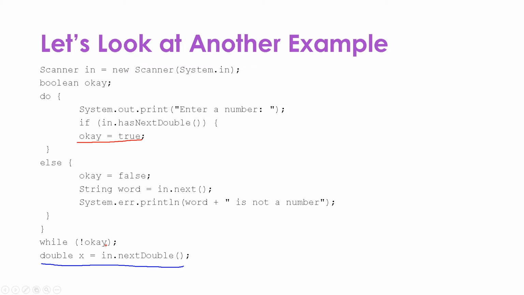If OK is true, then we go ahead and assign the value of x as the double that we got from the top part of our do-while loop. Otherwise, we're evaluating the else condition, and we're going to refresh and start again and take another input from our user. So this is a pretty worthwhile example for what we can do with input validation when it comes to a do-while loop. Another good use case for do-while loops.